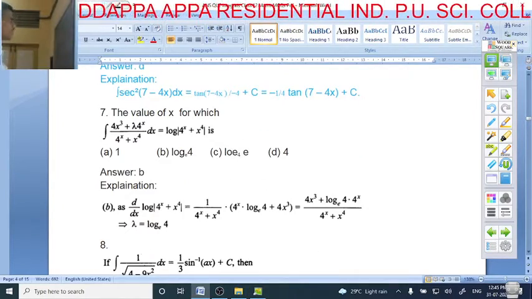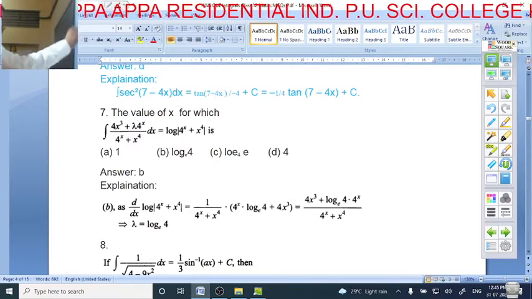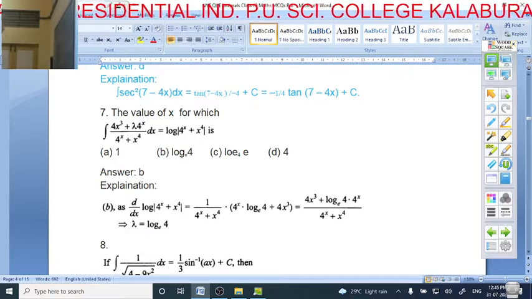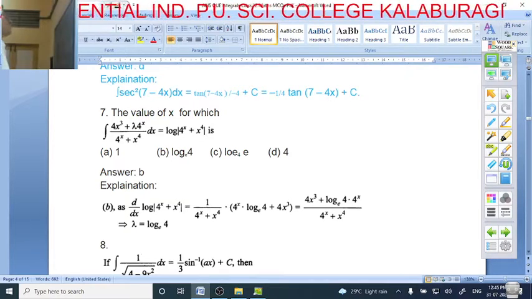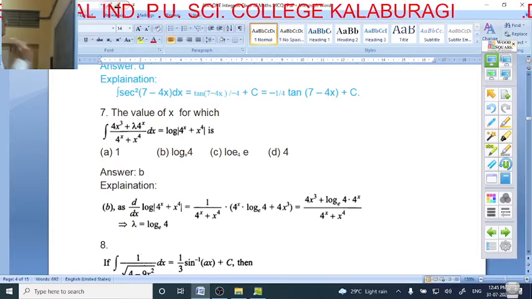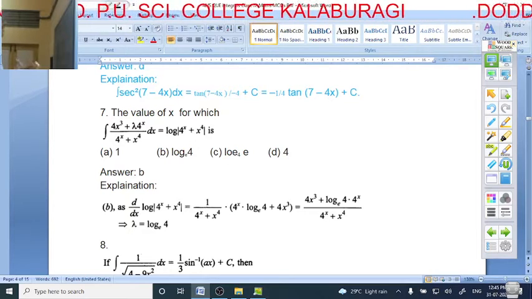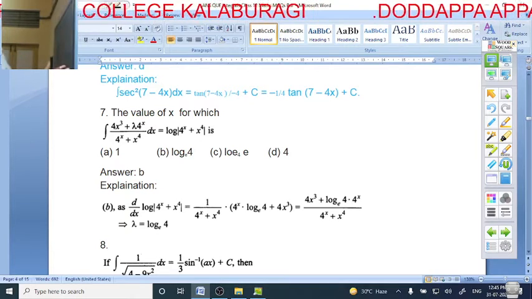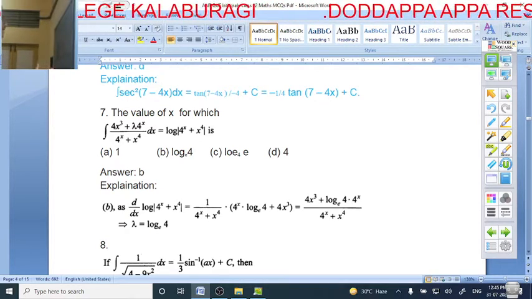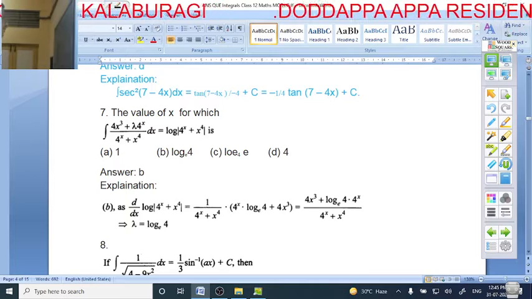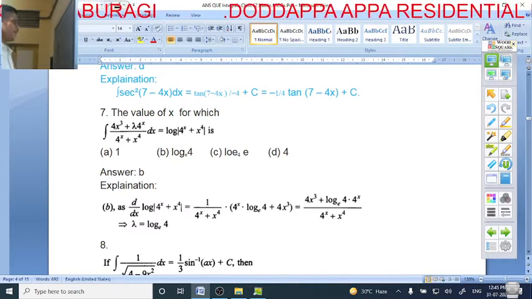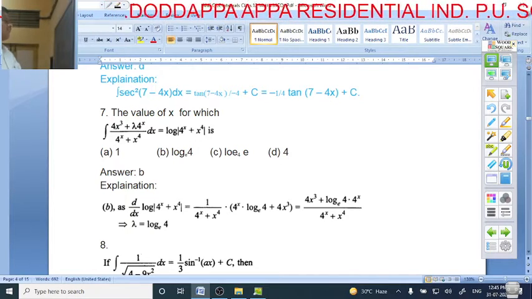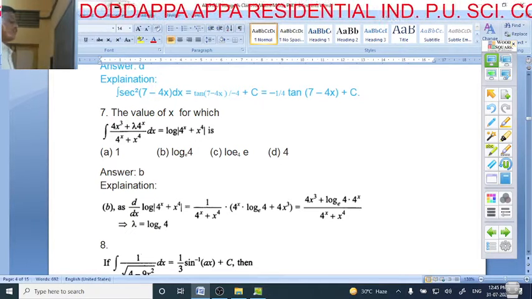The value of x for which this whole integral is like this, it is given. See here, slight confusion. Actually everything they have given, only one quantity is hidden, that is to be calculated. The value of lambda is to be calculated here. You people know that for calculating this type of quantity, you have to consider d by dx of log of (4 to the power x plus x to the power 4).